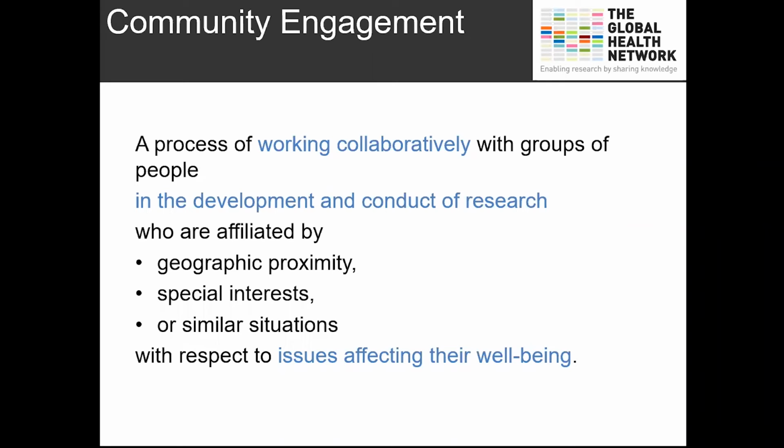So in terms of definition, community engagement is a process of working collaboratively with groups of people in the development and conduct of research. And these people would be affiliated either by geographic proximity, special interest, or similar situation with respect to things that are affecting their well-being.